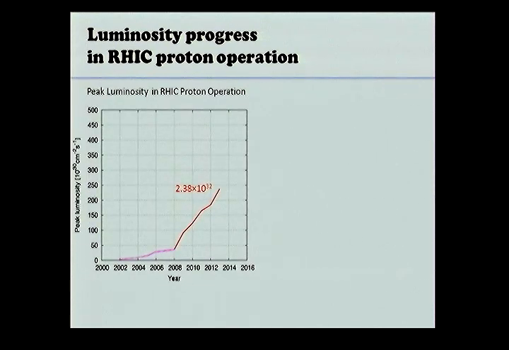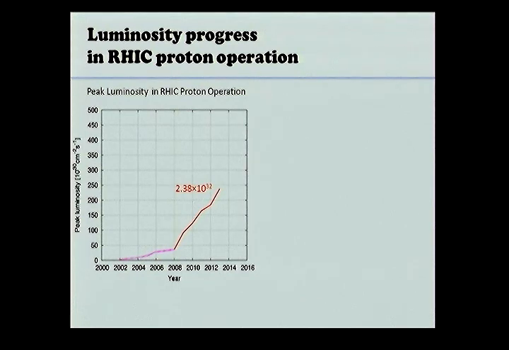RHIC became operational in the year 2000, and we delivered the first proton collision for physics with proton energy 100 GeV in 2002. In 2009, we first delivered the proton collision with proton energy 250 GeV. Here I show the peak luminosity in the past decades, around the years.